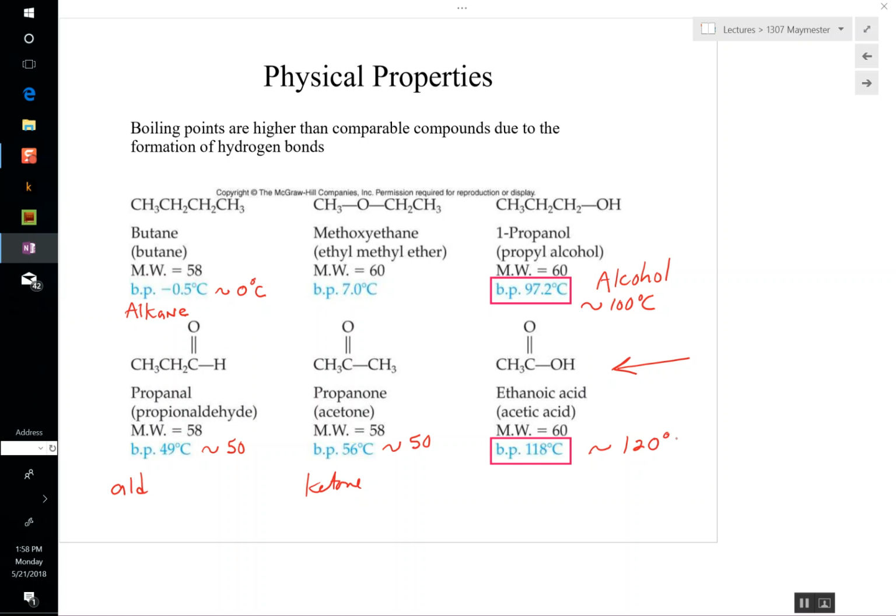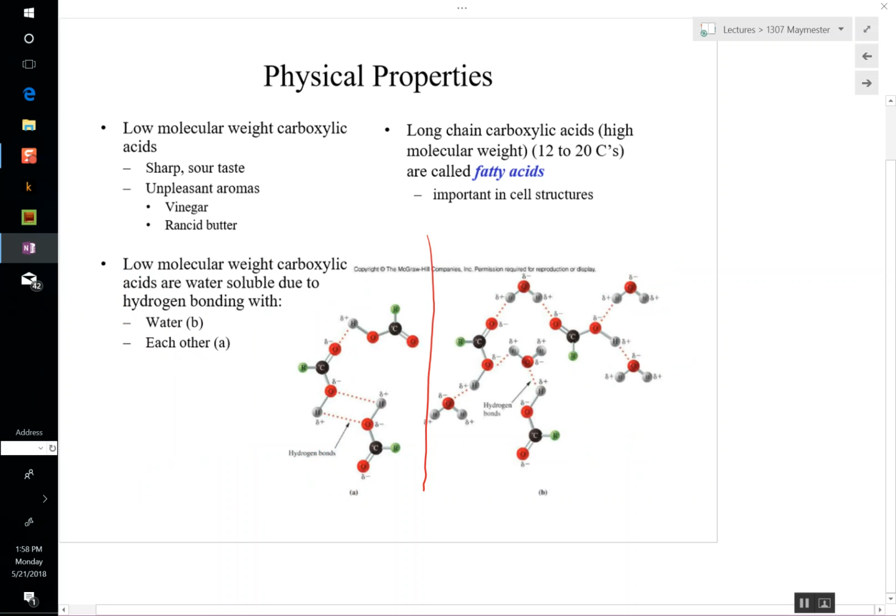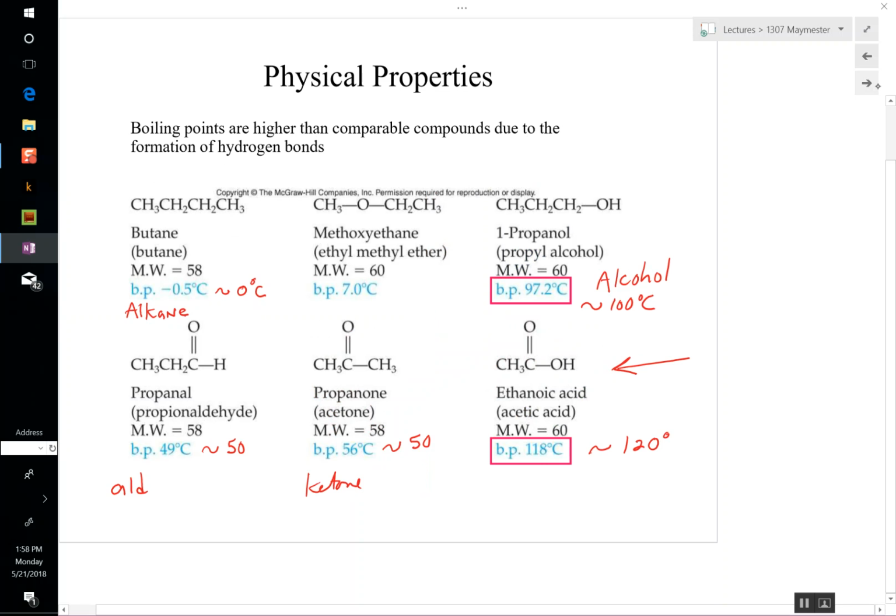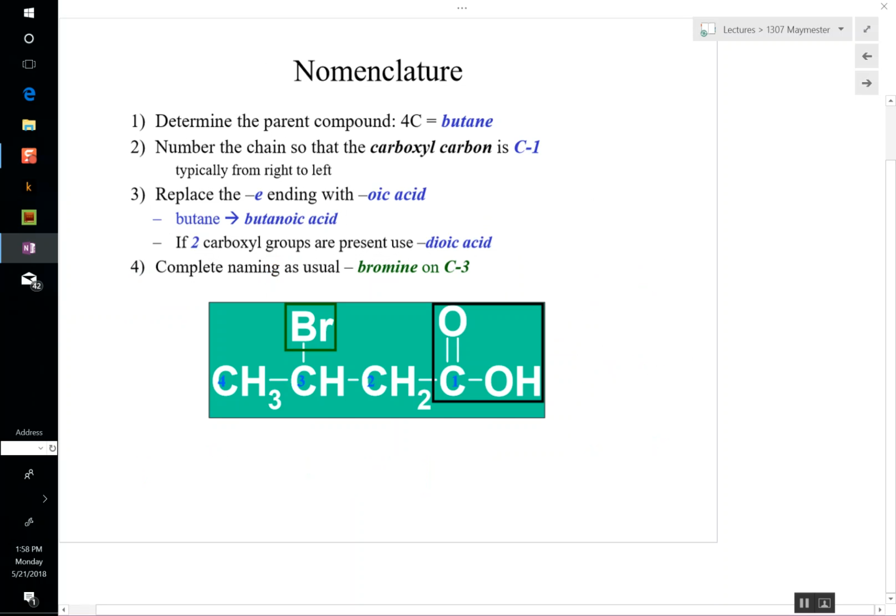More polar, stronger attraction, stronger hydrogen bonding. So the more polar, the stronger these attractions are, and therefore the more it would dissolve in water, or water would dissolve in it. So that's what to keep in mind. Maybe when we hand it out, we'll take one of those cases.